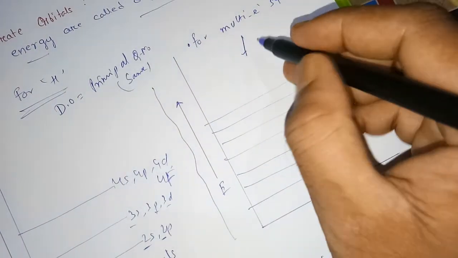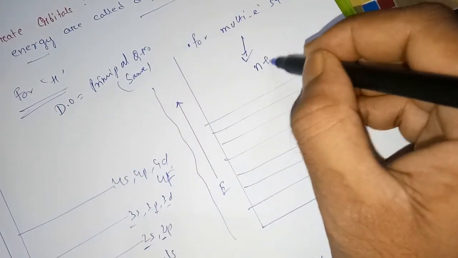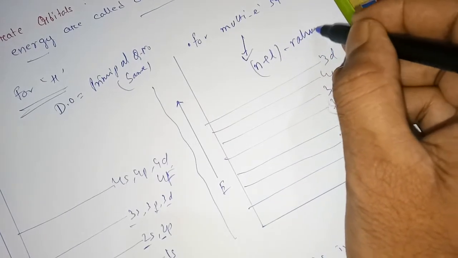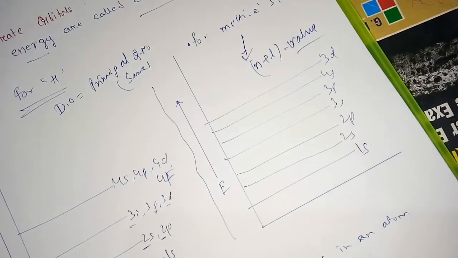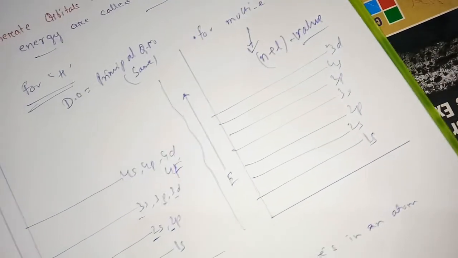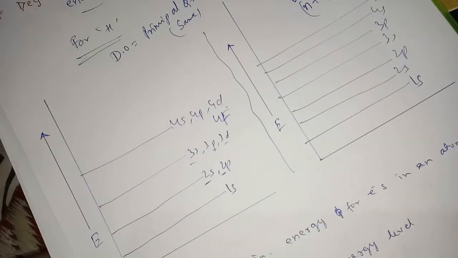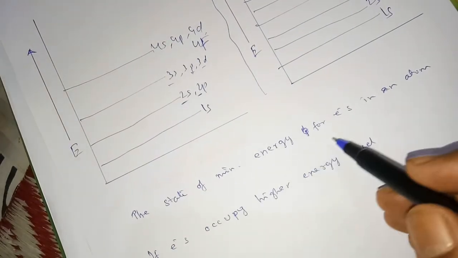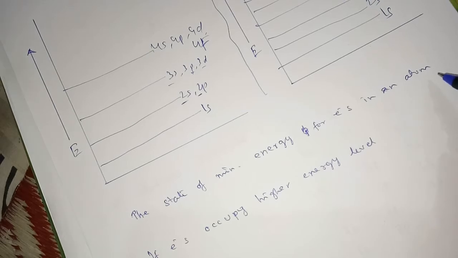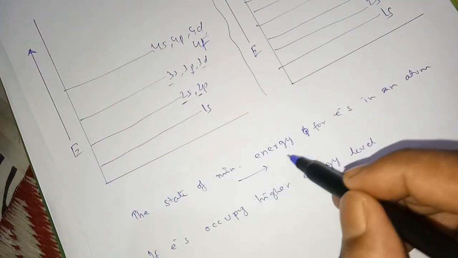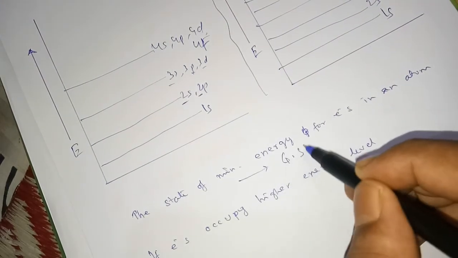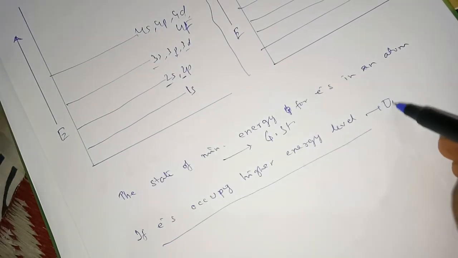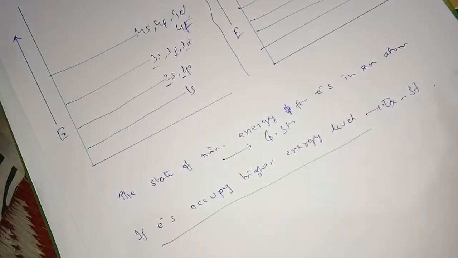So for a multi-electron system, these depend on the n plus l value. Whichever has the lower n plus l value has lower energy, and so on higher and higher. The state of minimum energy of an electron in an atom is your ground state, and any other state of higher energy is called your excited state.